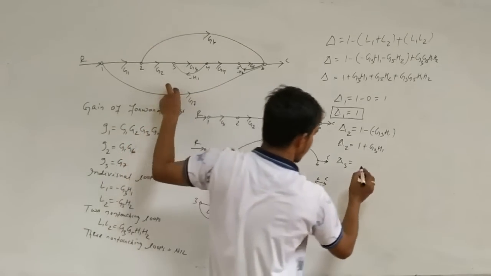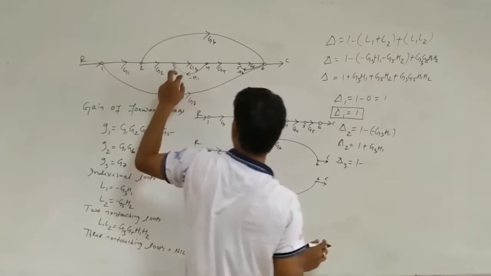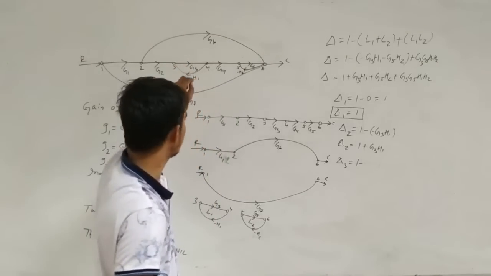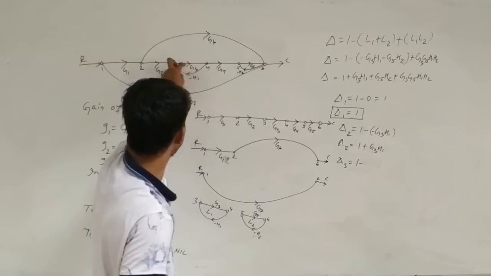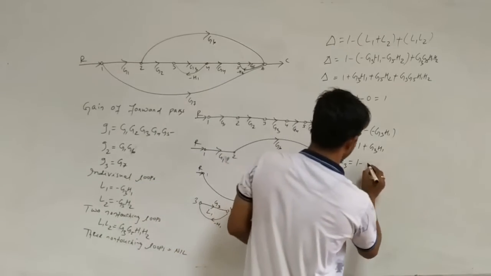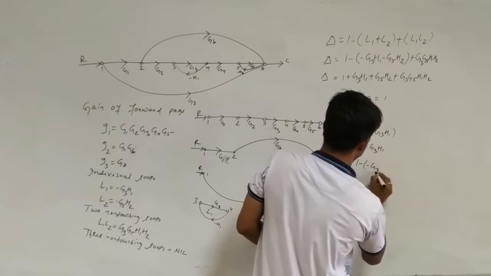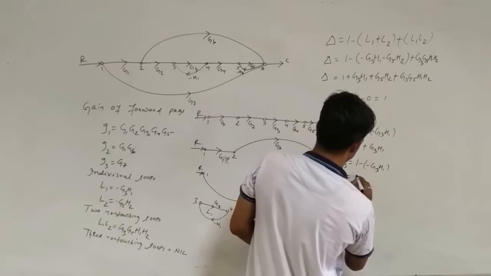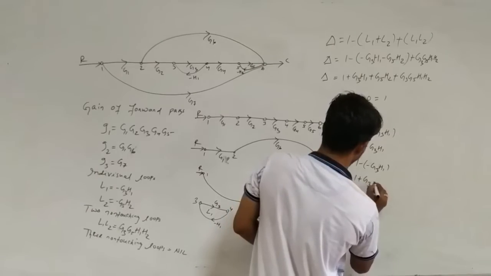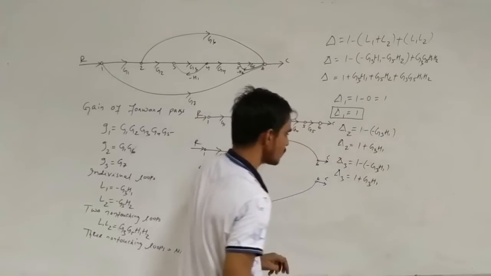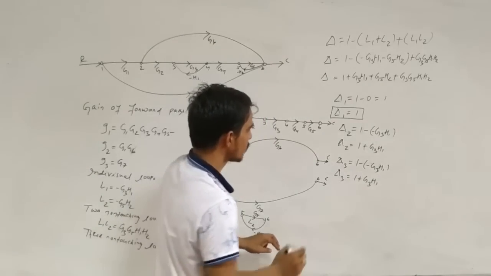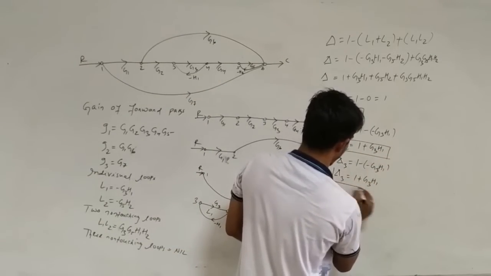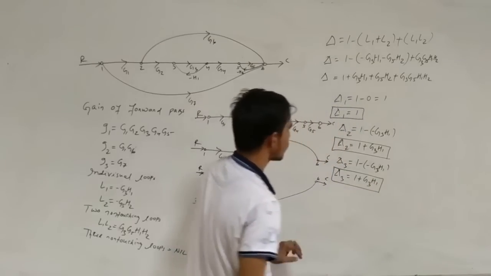So delta 3 equals 1 minus G3H1, so delta 3 equals 1 plus G3H1. Okay, so this is delta 1, delta 2, and this is delta 3.